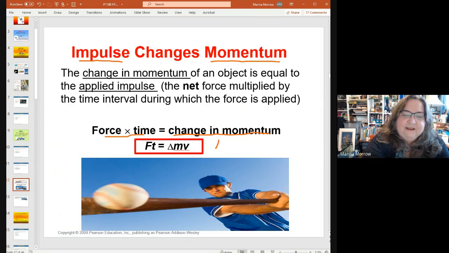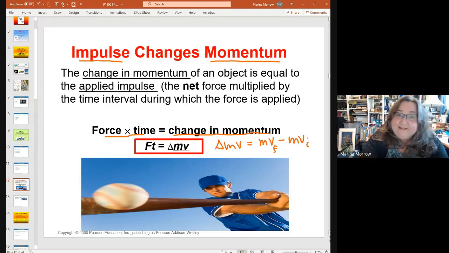So the delta mv would be the mass times the velocity final, so it changes its speed, minus the mass times the velocity initial. Now, sometimes it's the mass that changes too. That can actually happen also. So the whole momentum, maybe you're changing the mass, maybe you're changing the velocity, maybe it's both. Okay, but the final minus the initial.